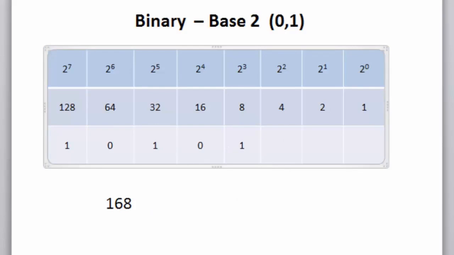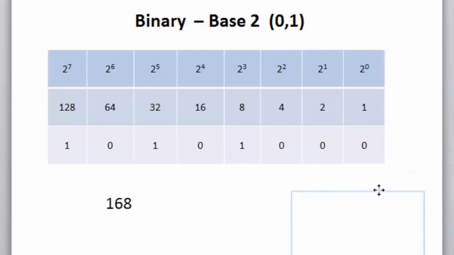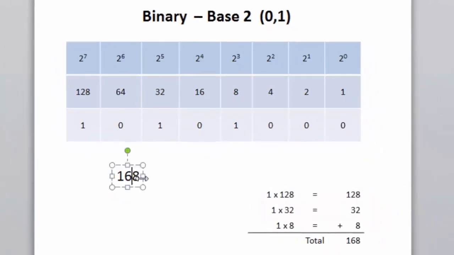I'll follow this up with zeros in the 4's place, the 2's place, and the 1's place. And 168 in binary equals 10101000. I now have one 128, I have one 32, and I have one 8. And 128 plus 32 plus 8 equals 168.